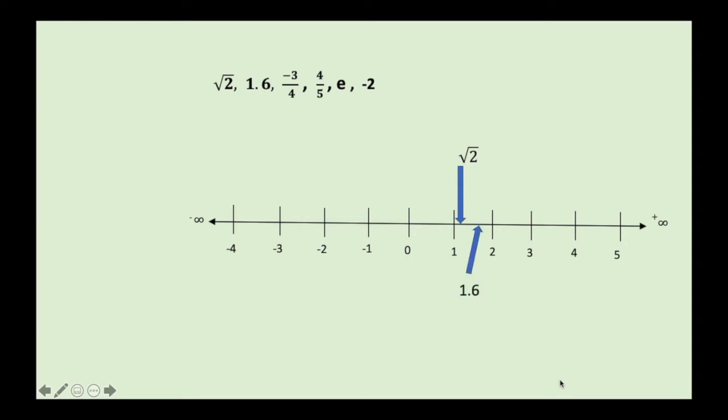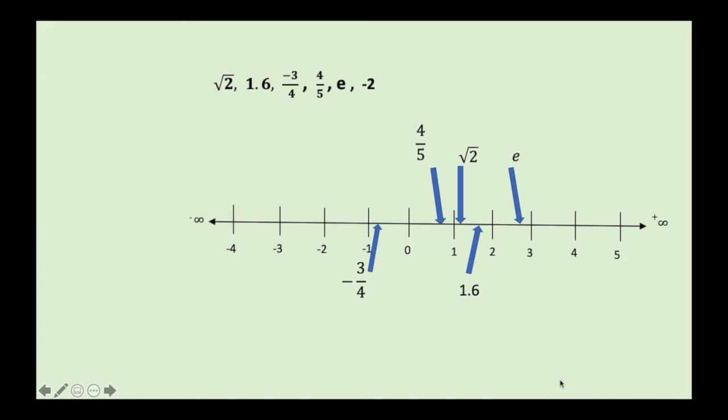-3/4, which is equal to -0.75, is between -1 and 0, but closer to -1. 4/5, which is the same thing as 0.8, is between 0 and 1, but closer to 1 on the number line. e is a mathematical constant, commonly referred to as Euler's number, and it's approximately equal to 2.72 to 2 decimal places, and it's between 2 and 3, but closer to 3 on the number line.